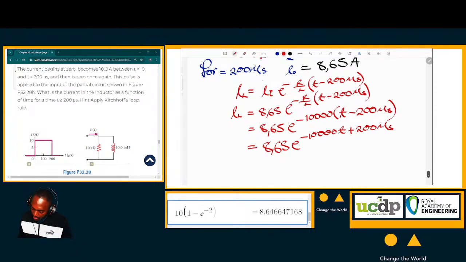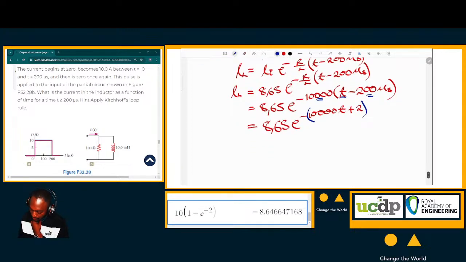So this is just algebra. So this becomes, no longer 200, it becomes 2 actually. Why? Because we have multiplied 10,000 by 200 microseconds, you get your 2. So remember again your indices.